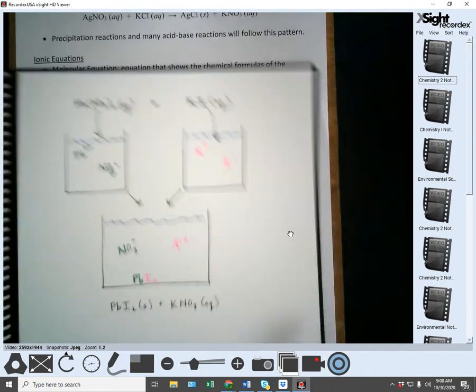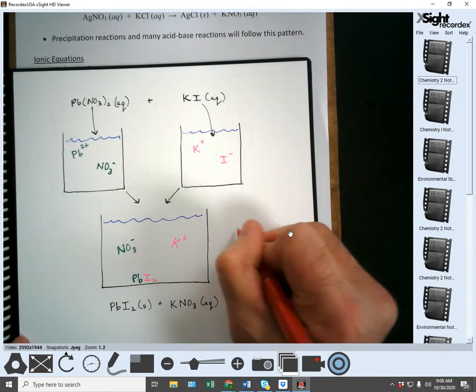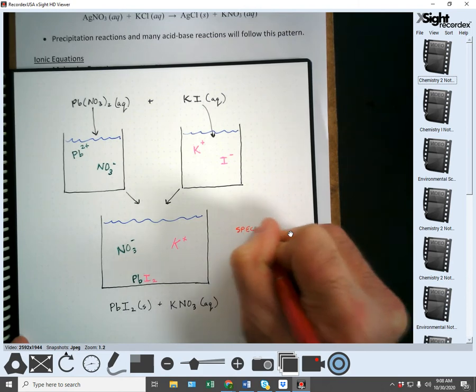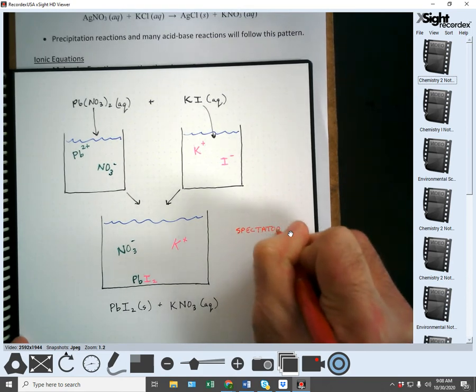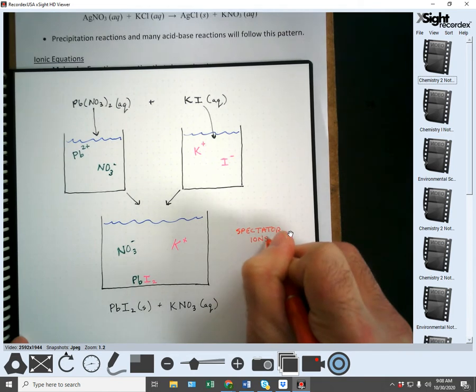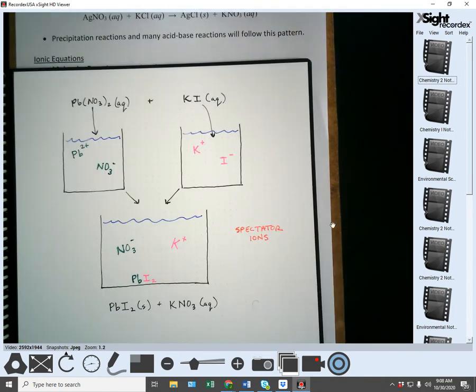Okay, so the spectator ions are ions that are just, I mean, think about sports spectators. They just watch the action. They don't actually play or do it. Spectators are things that just watch what's going on, don't actually take part in it.